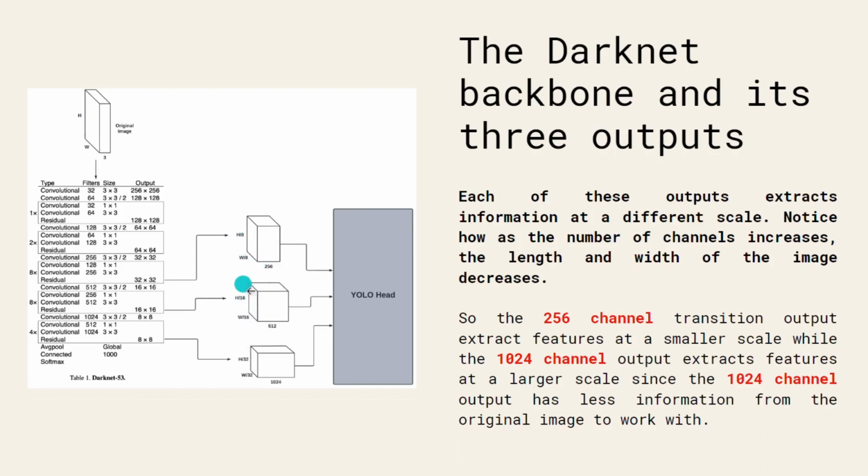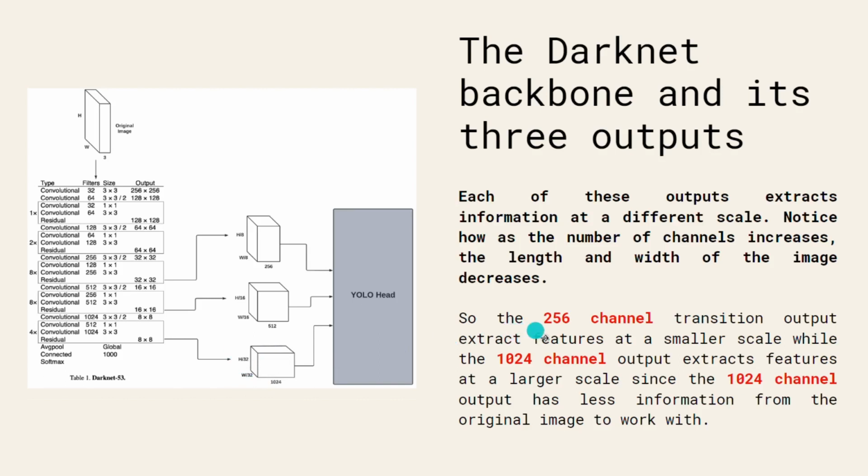For the second output, we get a feature map of height divided by 16 and width divided by 16. And we also divide the third output's height and width by 32.